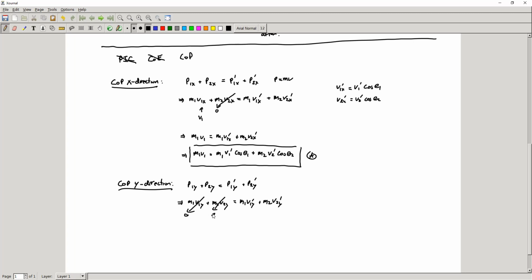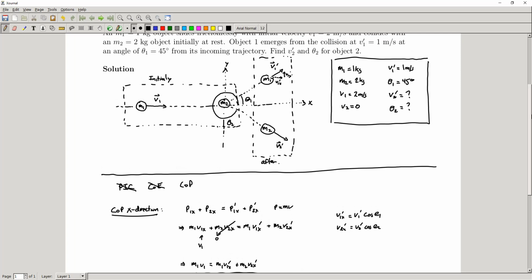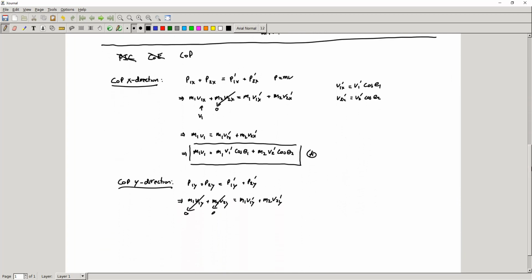So again, just as we did above, we know we can break up the v1 prime and v2 prime into its x and y components using these following expressions here. So v1y prime is going to be equal to v1 prime sine theta 1, and v2y prime is going to be equal to v2 prime sine theta 2, right?